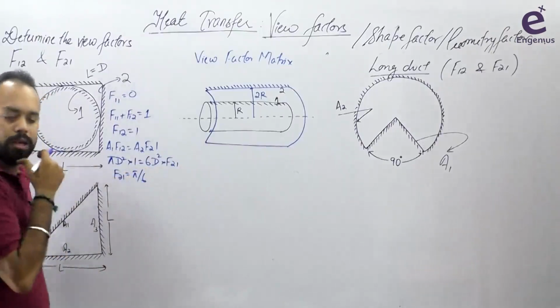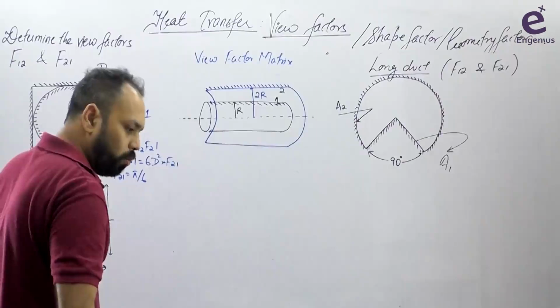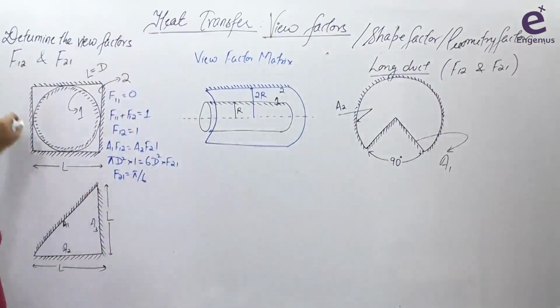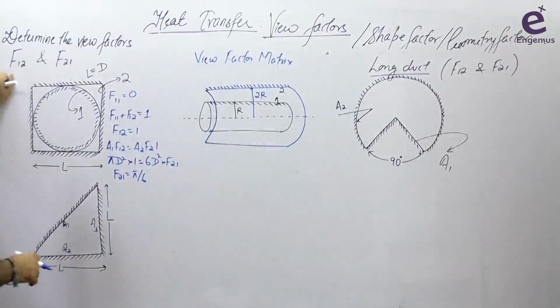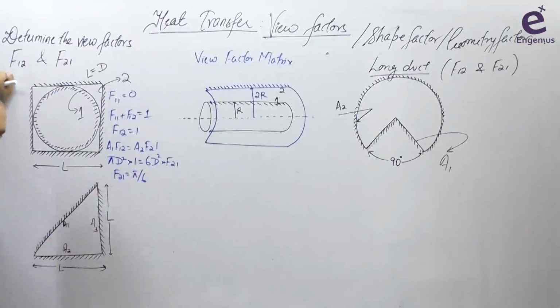Must be less than 1. Correct? So F21 and F12 for this sphere inside the cube we can find, and definitely if I ask you what is F22, F21 plus F22 is equal to 1. So F22 can be found as 1 minus pi by 6. Right? So that was one case.